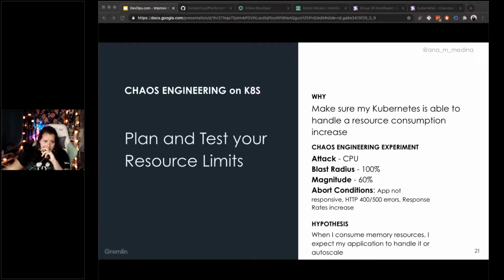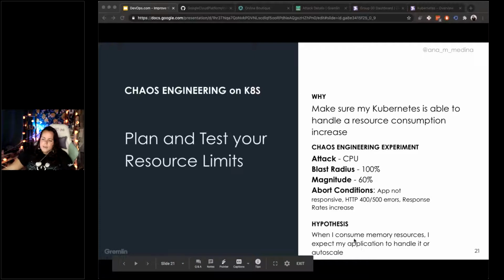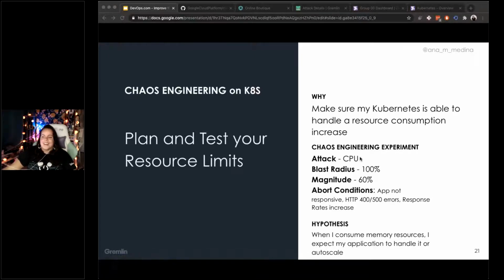The first one I have for us today is running another experiment to make sure that we can actually handle resource consumption a lot more properly. With this one, I forgot to change that the attack is actually going to be a memory attack. So I'm going to make sure that it says memory on my next experiment. But on this one, it's going to be a little bit different.